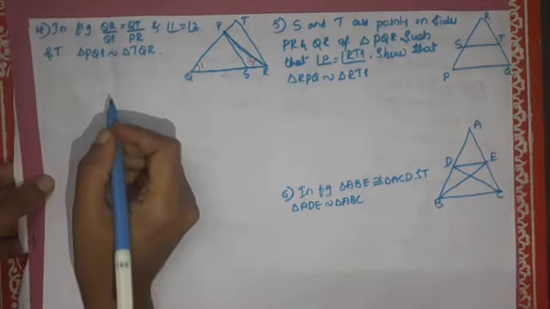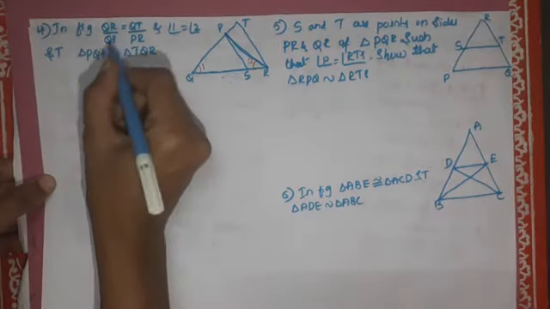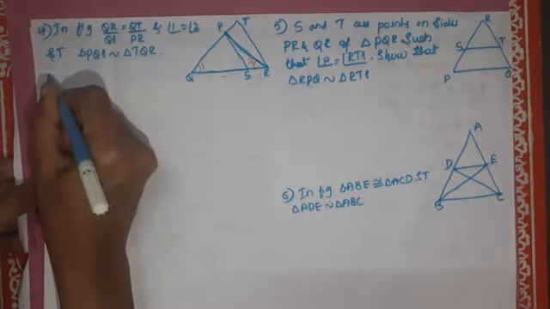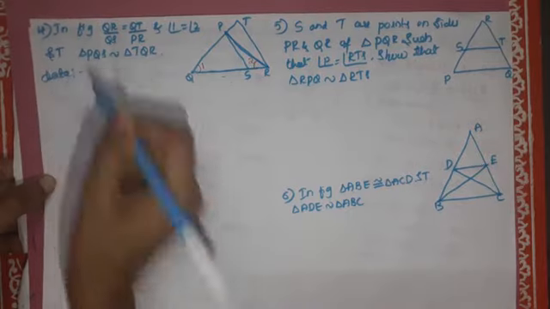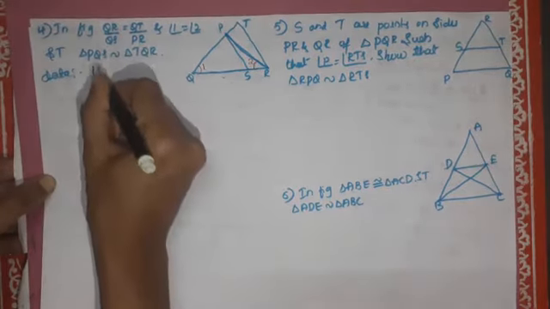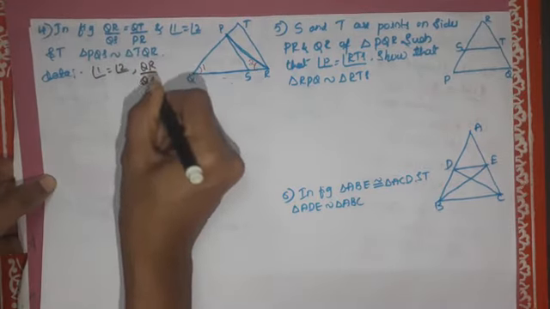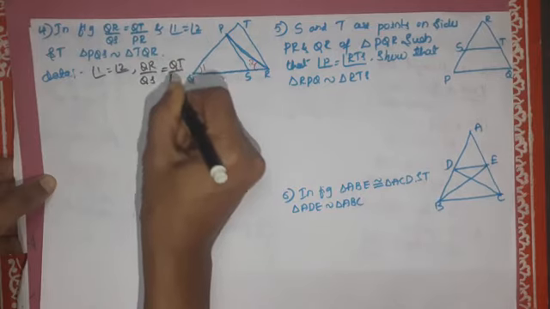The fourth question is, in the given figure, they have given QR by QS equals QT by PR. The data they have given is angle 1 equals angle 2, and QR by QS equals QT by PR.